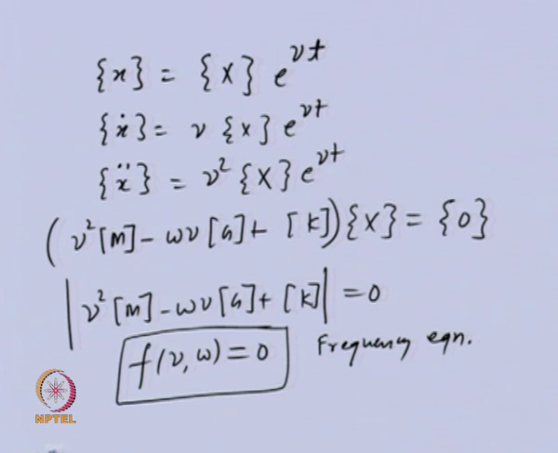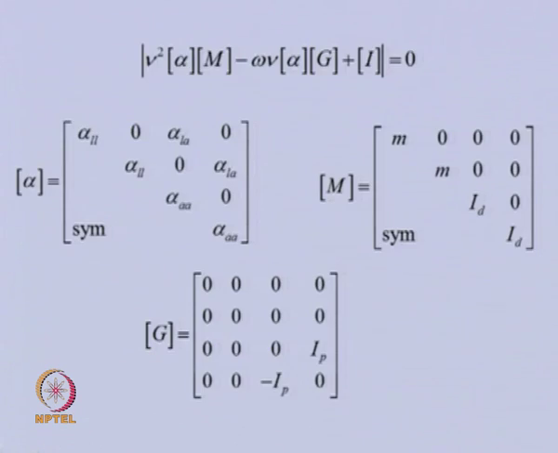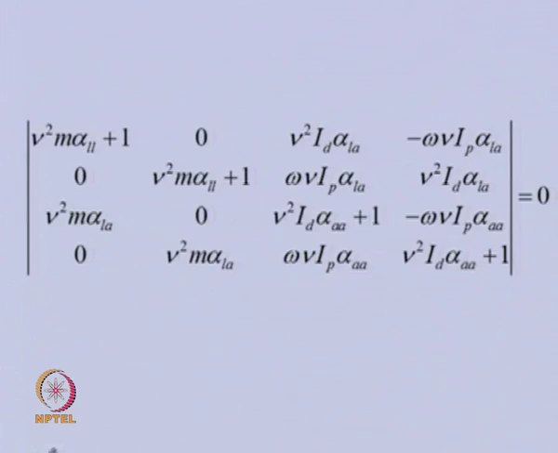If we want the critical speed directly, this frequency equation which we wrote in the previous slide as a functional form, if we substitute various matrices in this, we can get a determinant like this. We can see in this equation the explicit form of nu and omega is evident here.